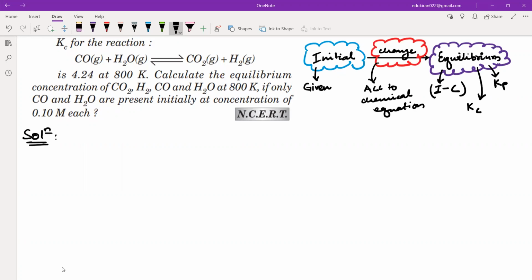Done, sir. Okay, now see this framework that I have made now: initial, change, and equilibrium.